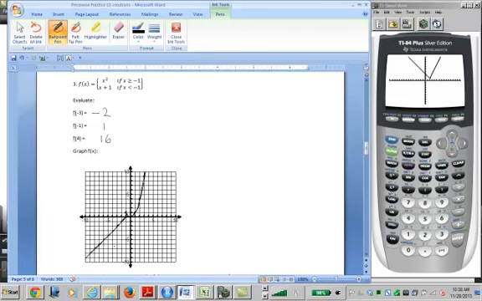Okay. Now, if x is less than negative 1, then the graph is x plus 1. Now the key point is negative 1, so let's plug in negative 1. So negative 1 plus 1 equals 0.